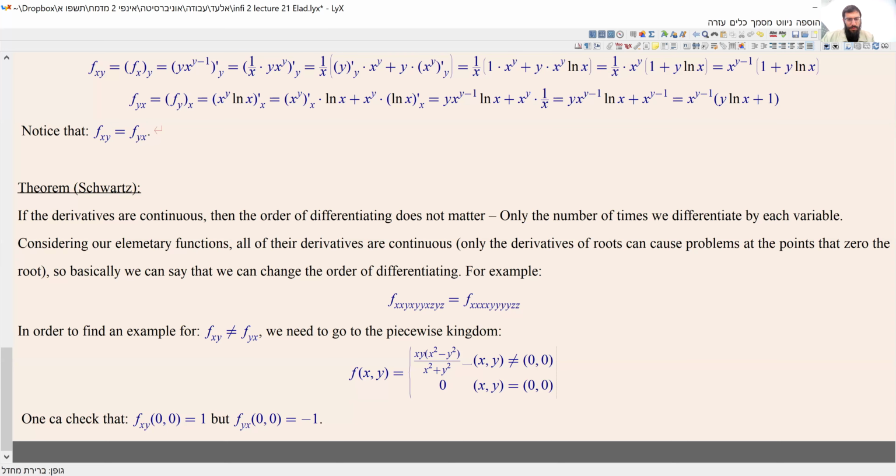I'm doing it without any explanation. I don't want to waste our precious time on this example, but I think it's good that it is written here. It's not always that fxy equals fyx. Sometimes it doesn't work that well.